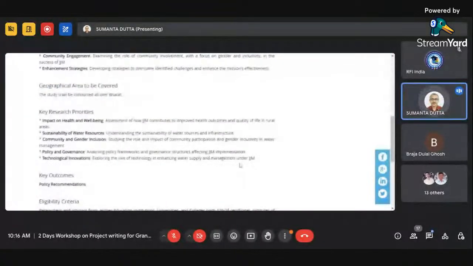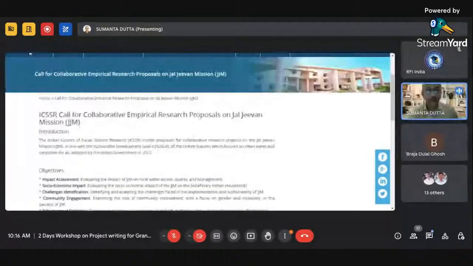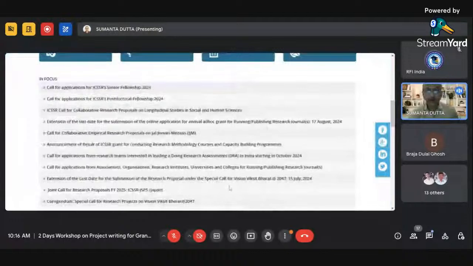See the theme: how community engagement, social and economic impact, and the Jal Jeevan program are being addressed. Earlier, one particular project was already done and its last stage is over. The deadline is over, or the vision for a Viksit Bharat.